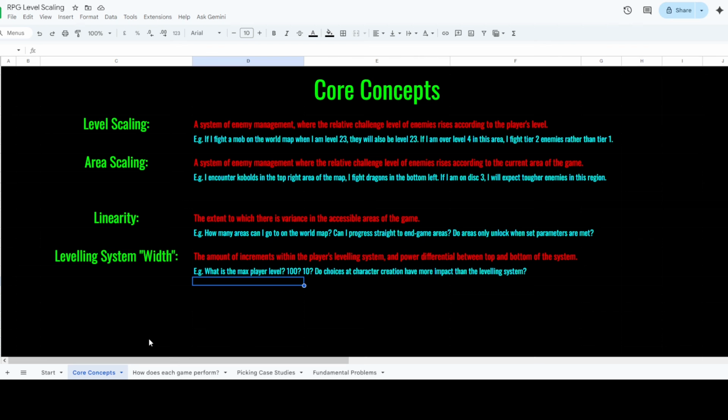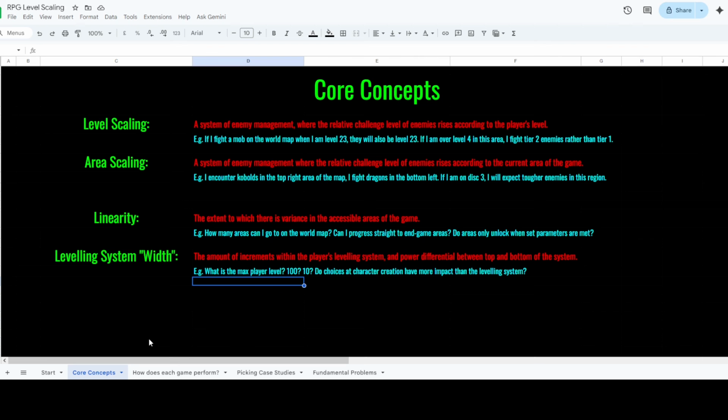And then the final thing here, and it will crop up later, is the leveling system width. What I mean by this is whether or not there is a wide range of player character levels that will affect how difficult various parts of the game or various challenges will be.